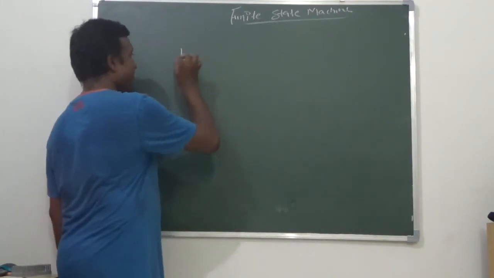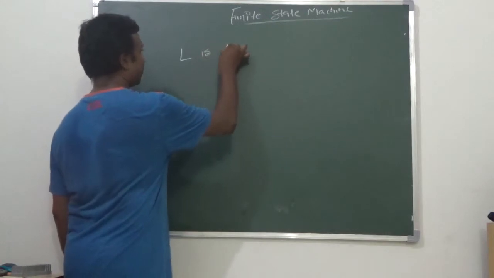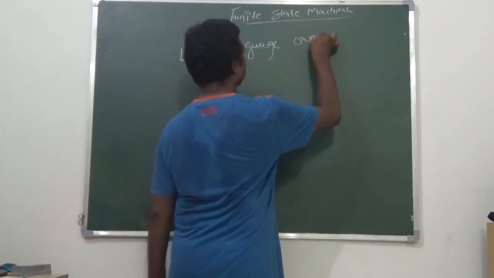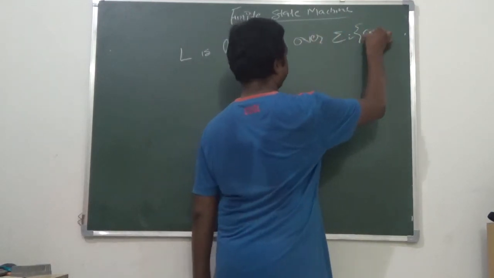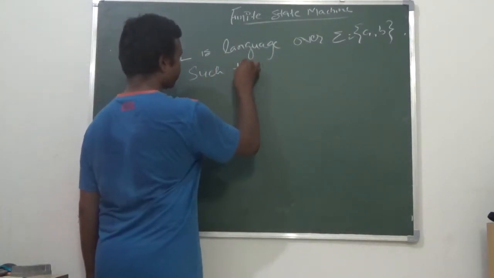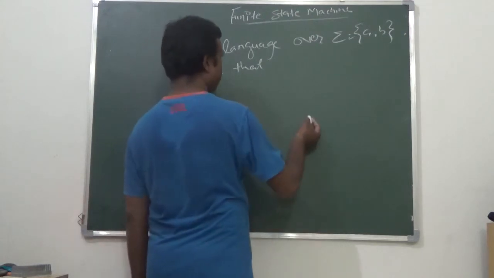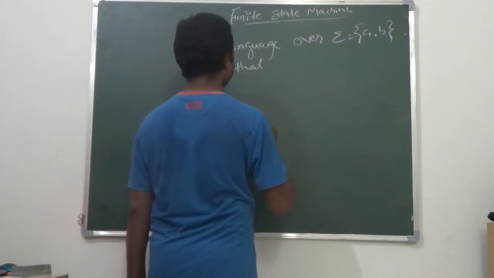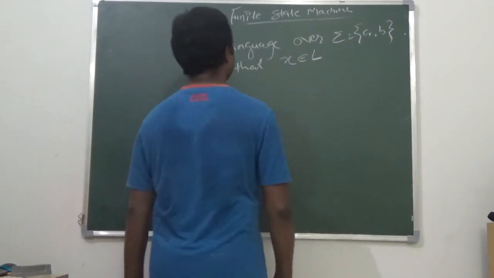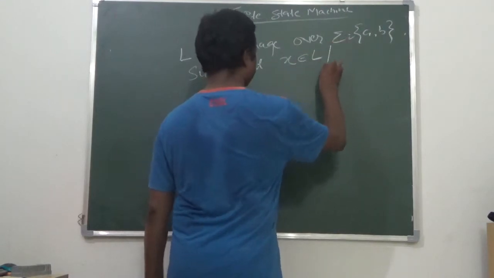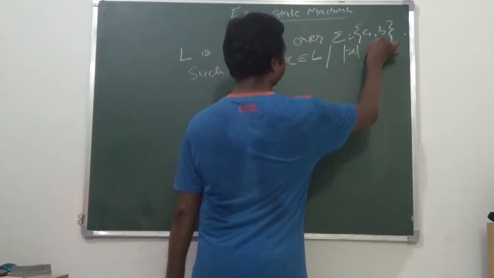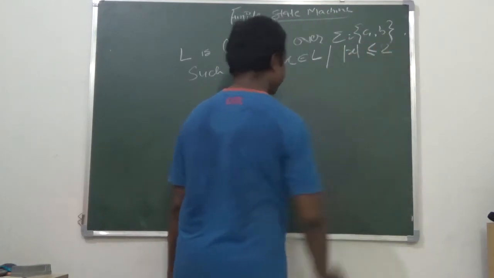Say L is a language over sigma equal to {A, B}, such that x belonging to L, then length of x is less than or equal to 2.